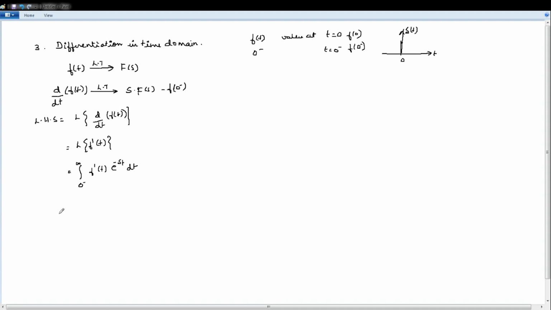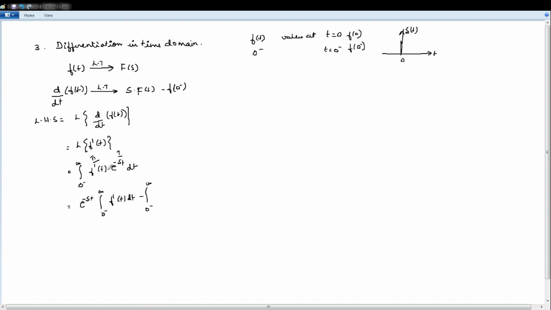Now this is integration by parts, right? You have multiplication of two time domain functions, f dash of t and e power minus st. I'll take this as the first function, this as the second function. So using the product rule, or UV rule, it is first function, that is e power minus st, into integration of the second function, f dash of t dt, minus integration of the differentiation of the first term.